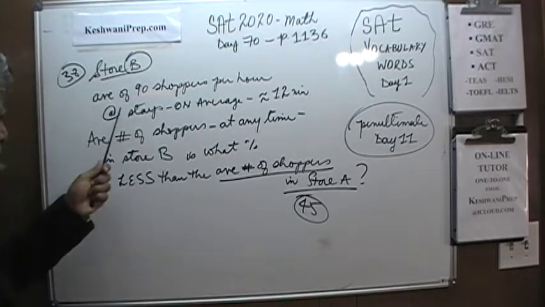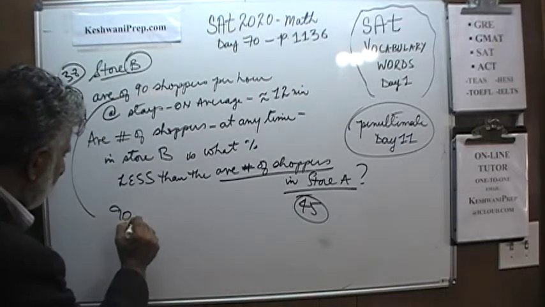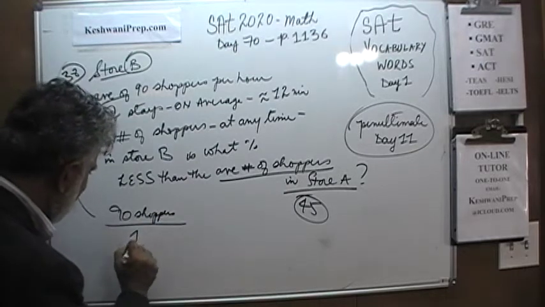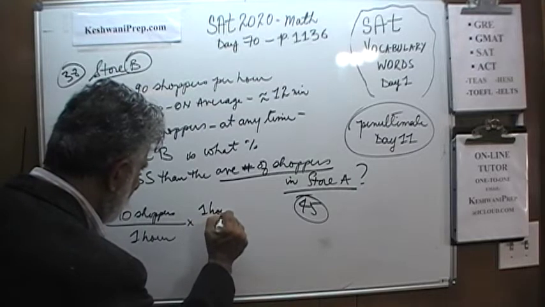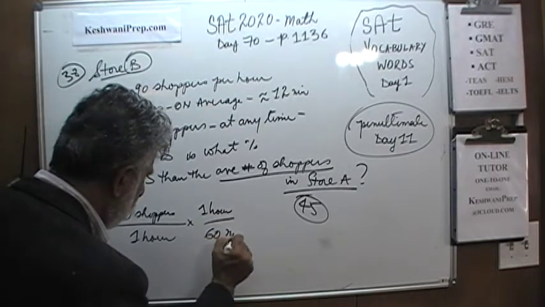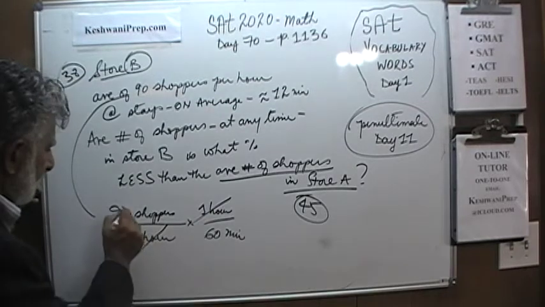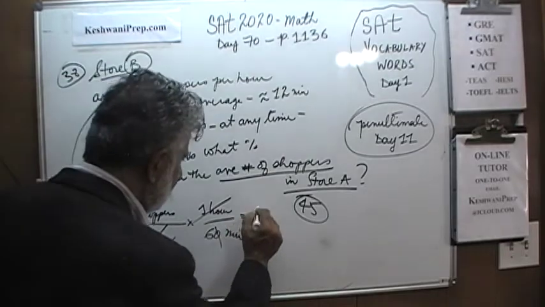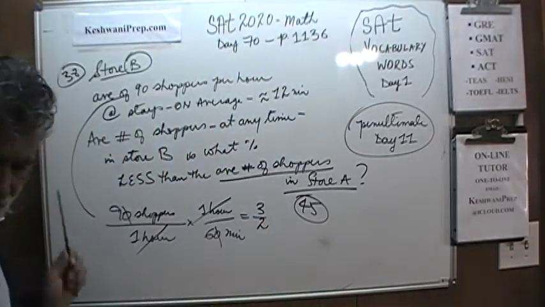Let's find out. 90 shoppers each hour, so divide by 60. Hours is going to go out. Shoppers per minute. Divide top and bottom by 30. 9 divided by 6 is 3 halves. There you go, 3 halves shoppers per minute. Let's put it on the top here.